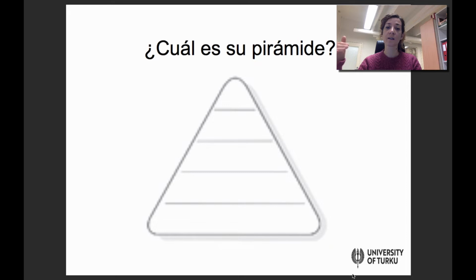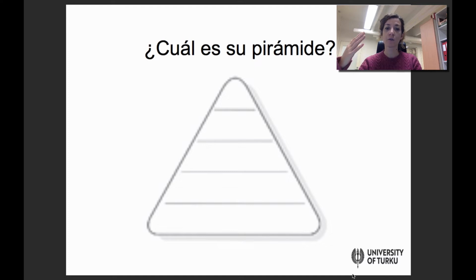On the lowest level, you should put the things that you eat in largest quantities. So what are the things that you eat every day or almost every day? And then as you go up, you should put those things that you eat more rarely. Especially on the top, there will be those things that maybe you don't eat even every week, or maybe just once a week.